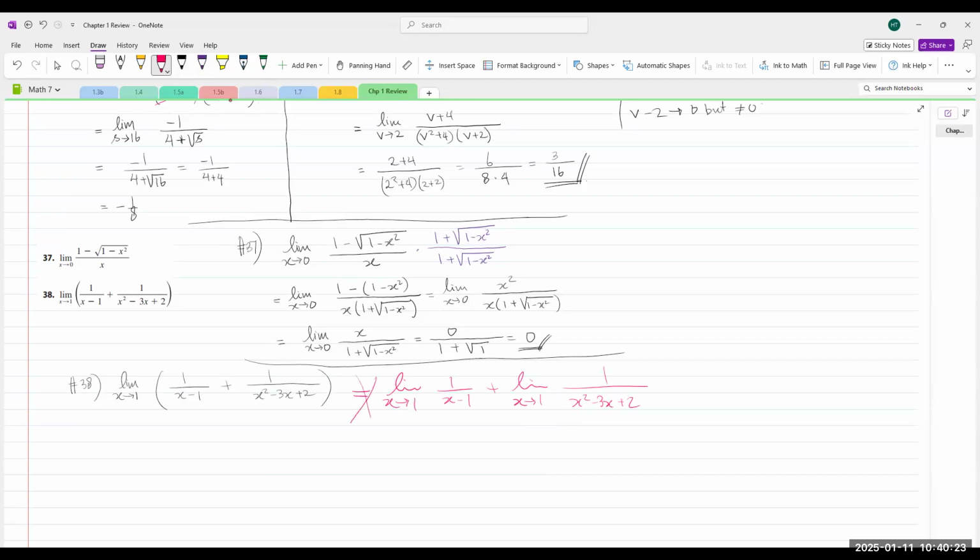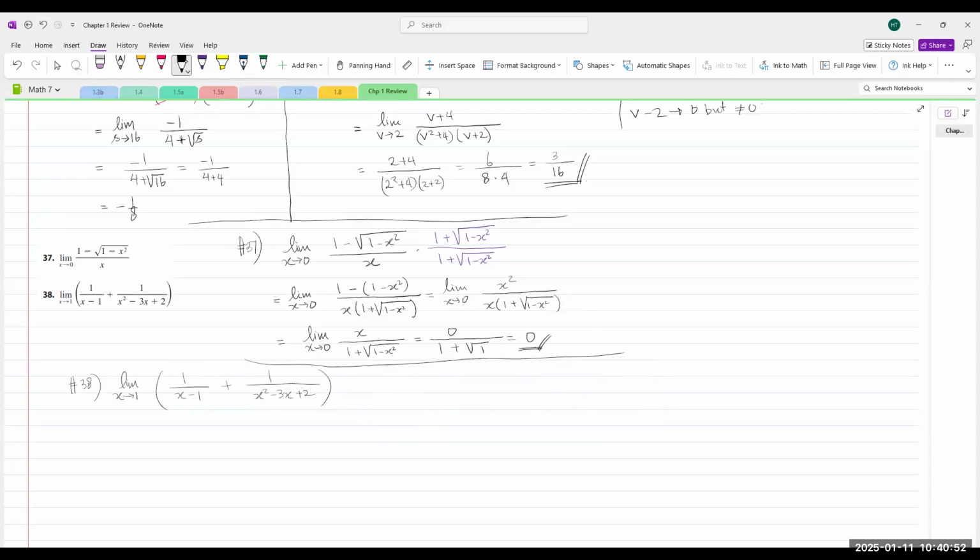This is wrong. Why? Because if you think about this, you will see the limit of this function does not exist, and the limit of this function also does not exist. We can only split the limit of a sum to be the sum of limits if the limits exist. If the limit does not exist, we cannot do that.